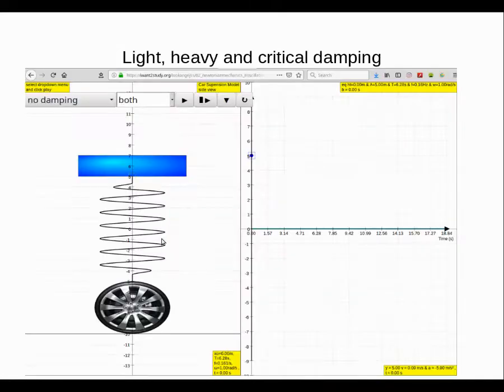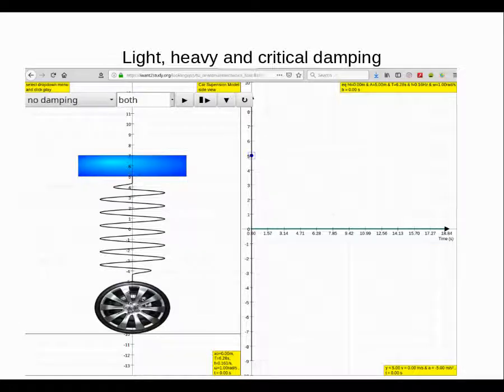Okay. Now I'm going to look at different types of damping. So damping can be caused by air resistance, but it can also be caused in other ways. Within cars, for example, we have suspension systems which will remove the energy from the car.